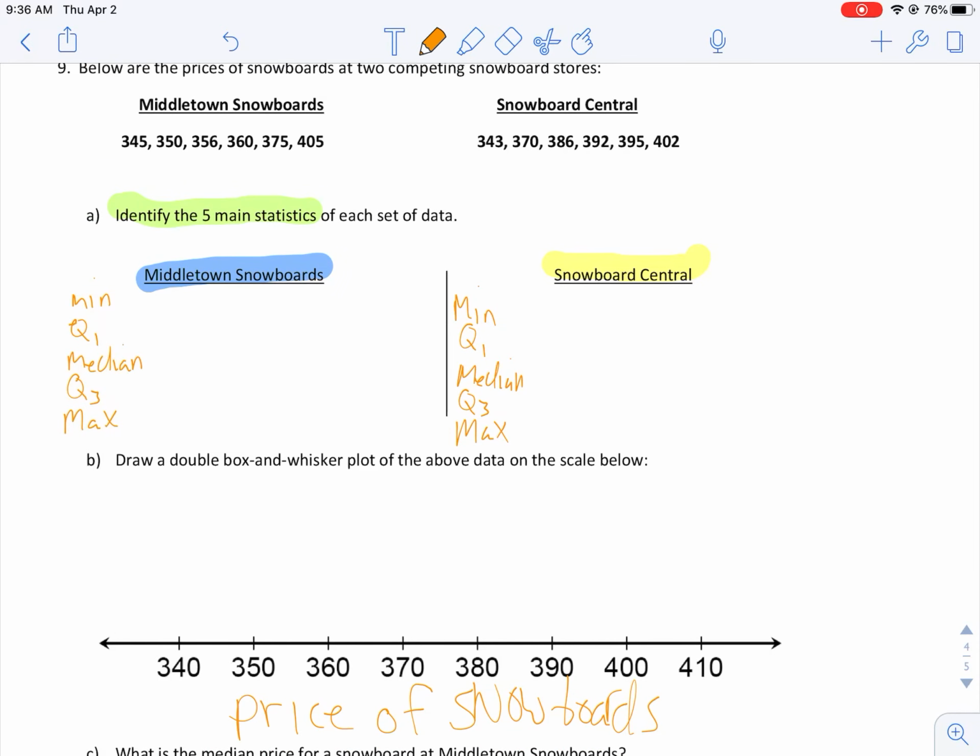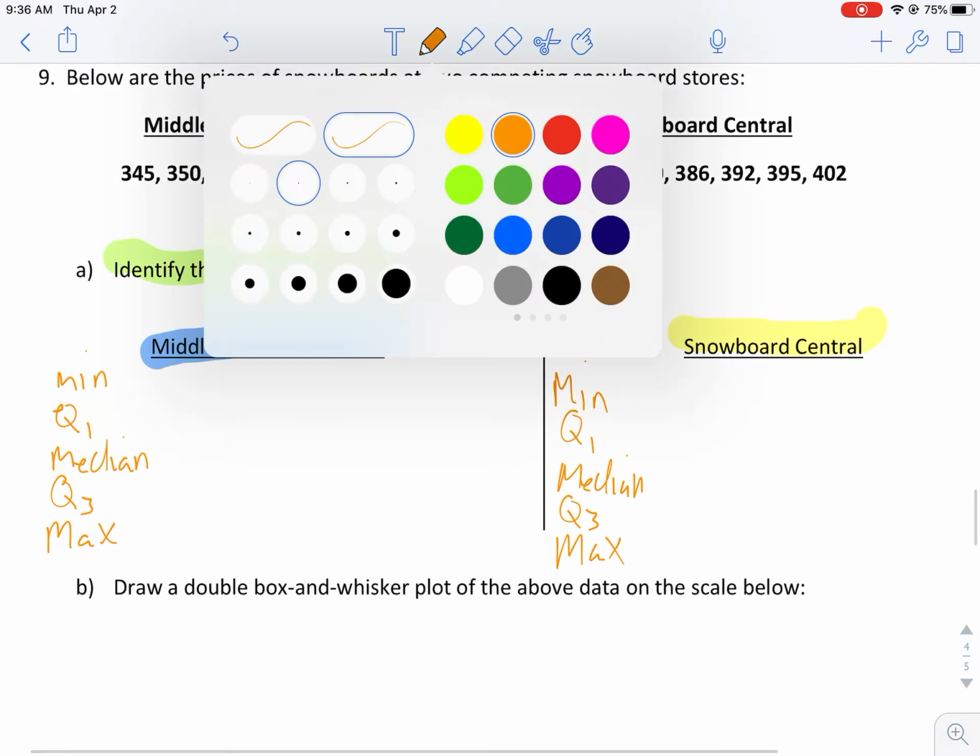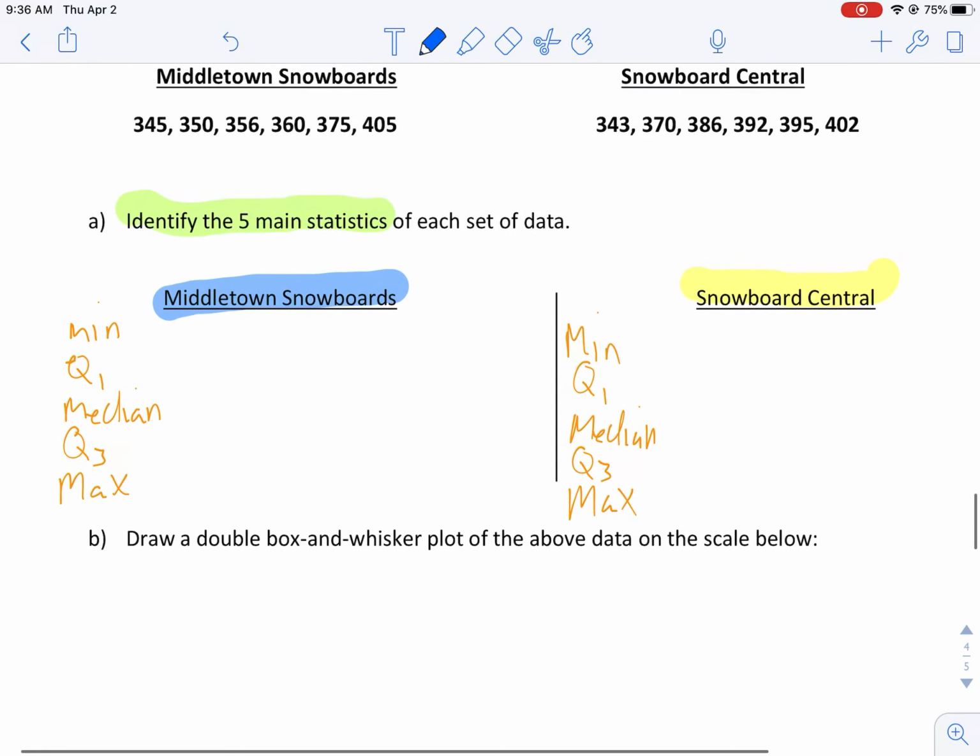Okay? So now, the minimum, pretty simple. I'm going to put this guy right here. My minimum, obviously, 345. My max, obviously, 405. We'll go over here.